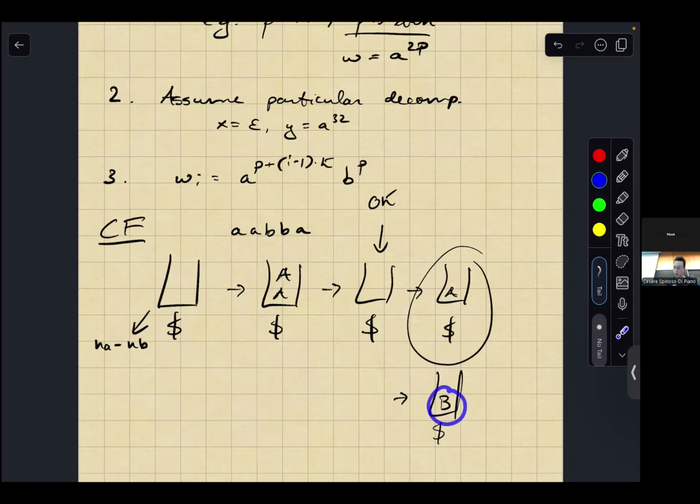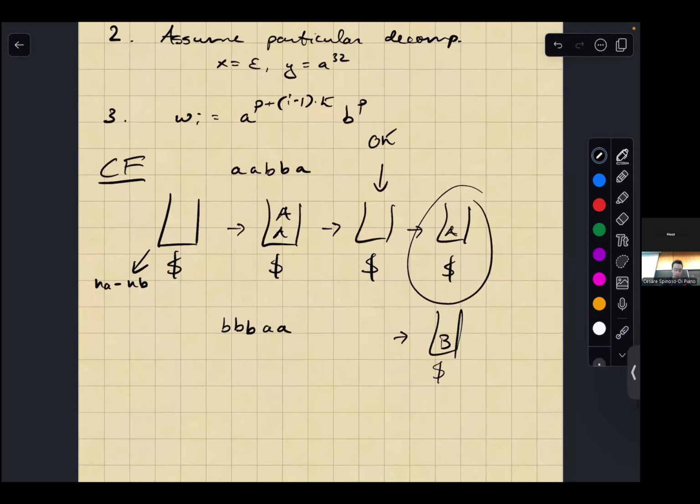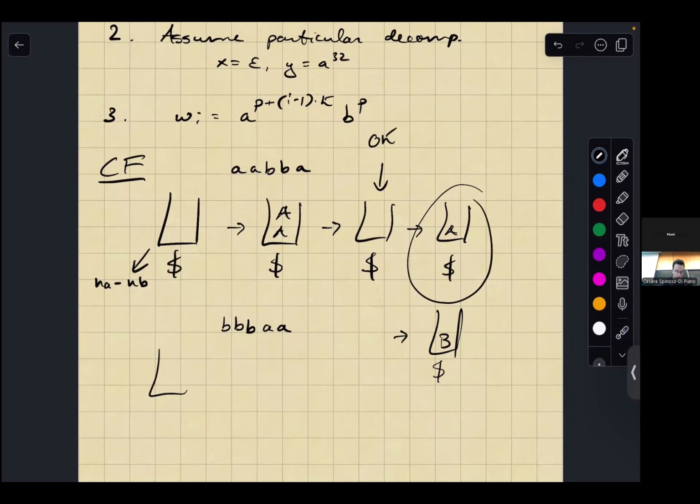Suppose I had started with B, B, B. In this case, I'm going to push B's, where B's refer to -1, you can think of, and A's refer to +1. So here I'd have 3 B's, so this would be -3.